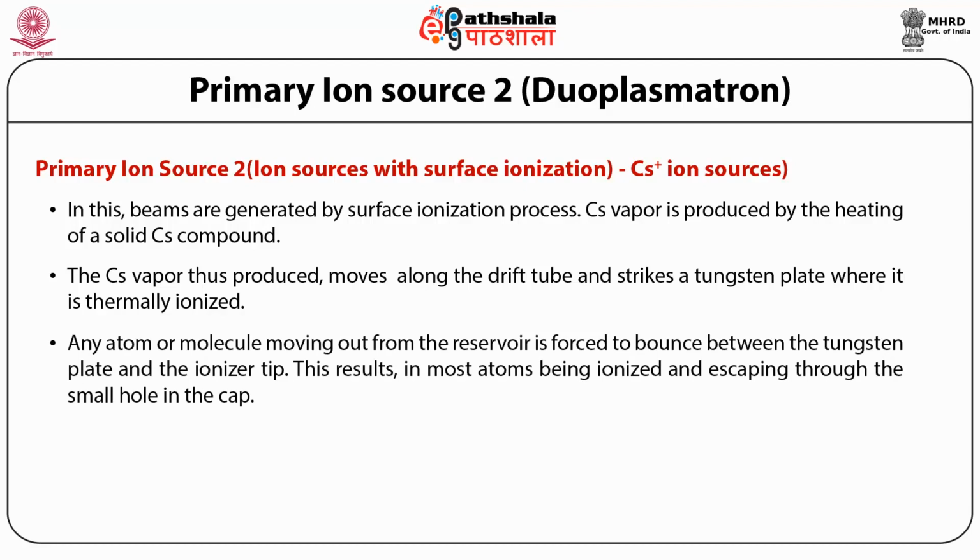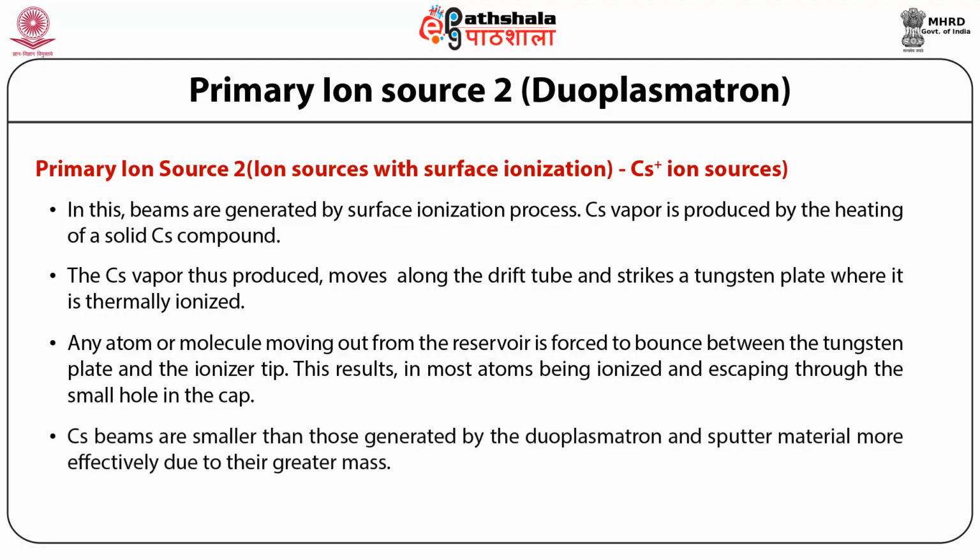Any atom or molecule moving out from the reservoir is forced to bounce between the tungsten plate and the ionizer tip. This results in most atoms being ionized and escaping through the small hole in the cap. Ion sources with surface ionization are cesium plus ion sources.